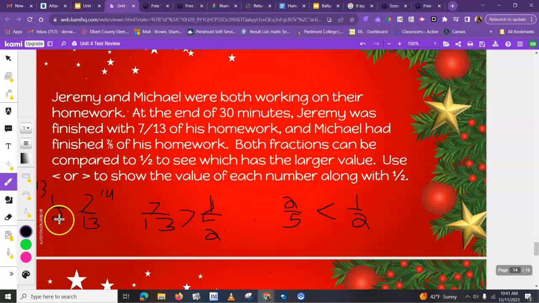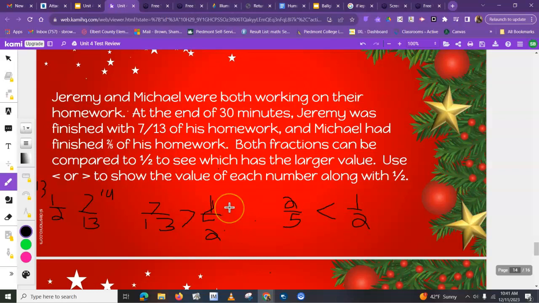And to find that out, all I did was cross multiply these. 1 times 13 was 13, and 2 times 7 was 14. So 7/13 was bigger, so I put 7/13 is greater than 1/2. And then I compared these two, and that gave me that 2/5 was less than 1/2.